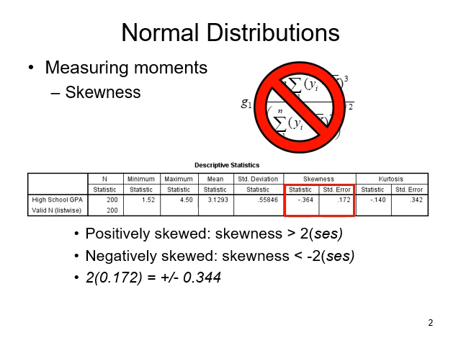If the skewness statistic is less than negative 2 times the SES, the standard error of the skewness, then it's negatively skewed. So in this case, we multiply 0.172 by 2, we get 0.344, which tells us that if our skewness statistic is above positive 0.344, it's positively skewed, and if it's below negative 0.344, it's negatively skewed.